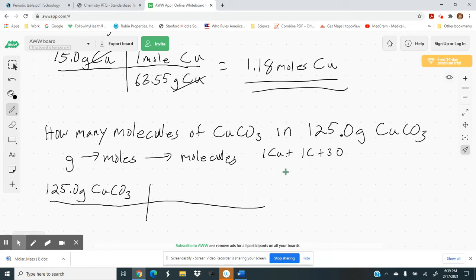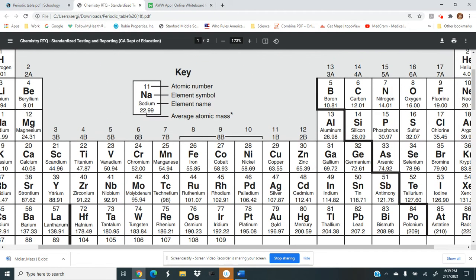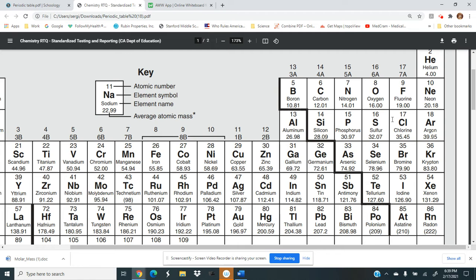So I can actually calculate this by looking up the atomic mass. We already know the atomic mass of copper. We can also look up the atomic mass of carbon right here, 12.01. Remember that? And oxygen, 16.0.